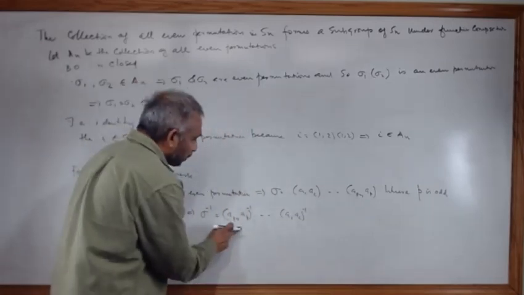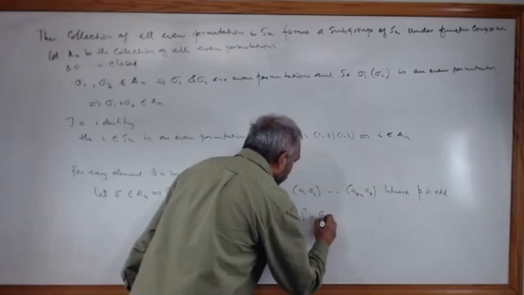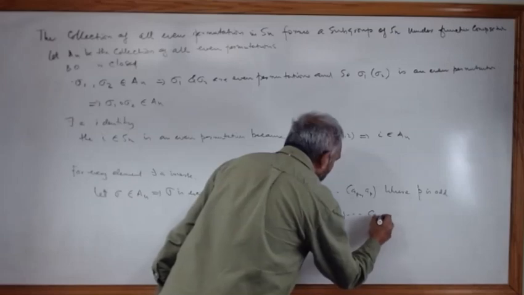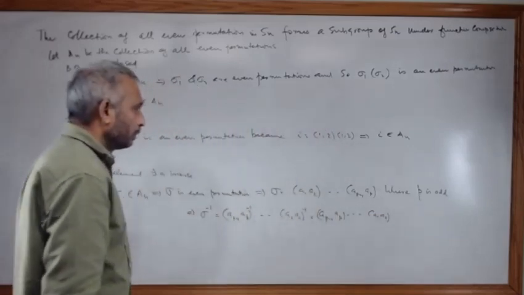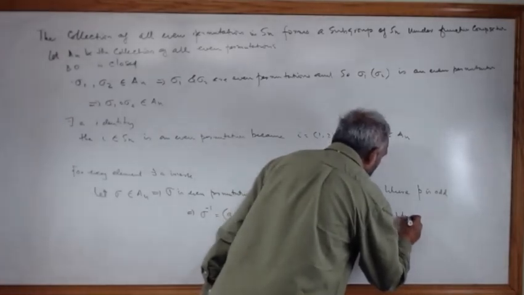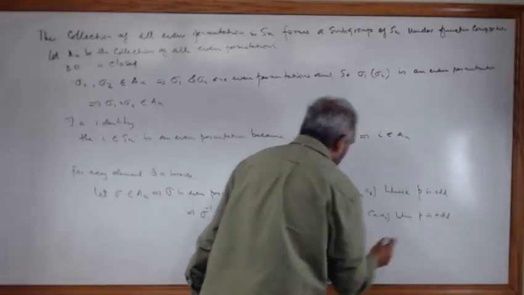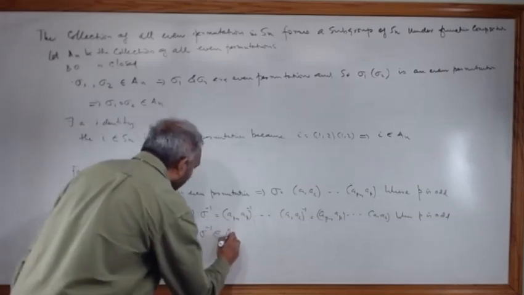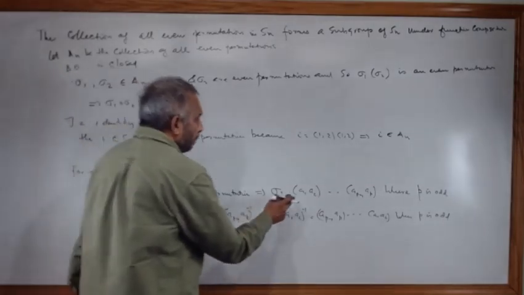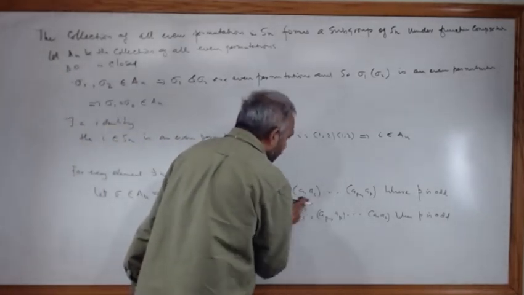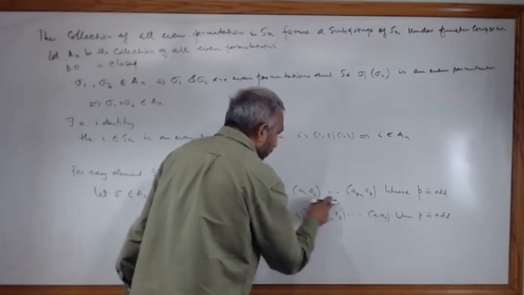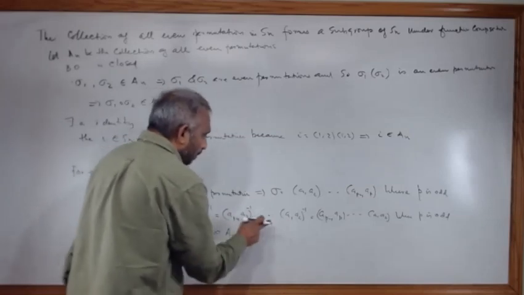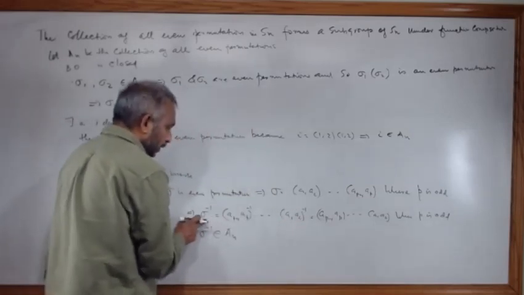The inverse of all the transpositions are the same. So this is going to be (ap-1 ap) ... (a1 a2), where p is odd. And that implies sigma inverse belongs to An. If you have p minus 1 transpositions in sigma, you have the same number of transpositions in sigma inverse.